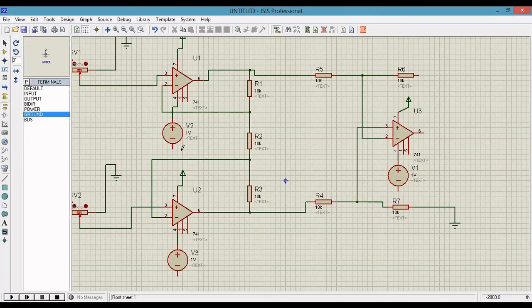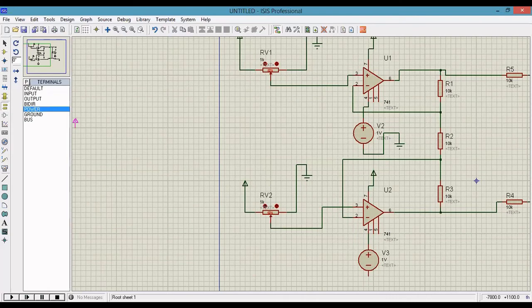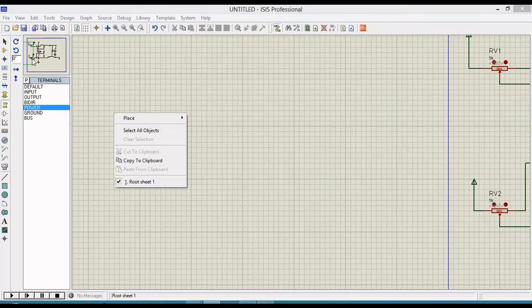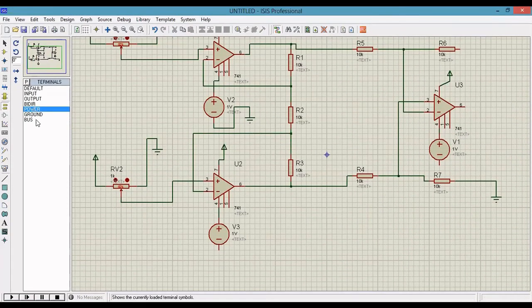Select the ground pin. So you have to give the minus 5 volt.